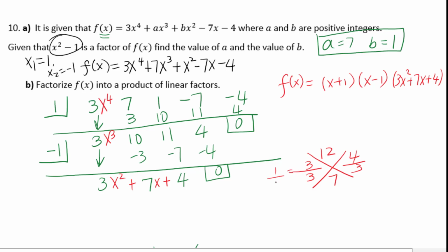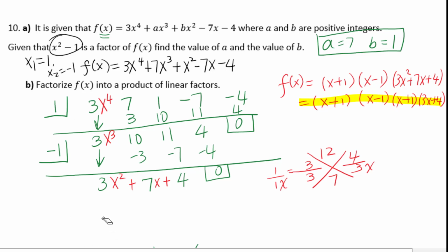Reduce 1, 1. Put the x on the bottom up. We will get x plus 1, x minus 1, x plus 1 again, 3x plus 4. This will be the solution to 10b.